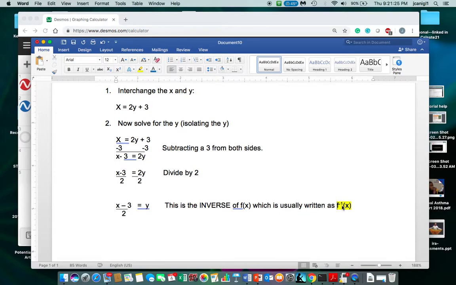There's a little -1 here. And that does not mean to a power. It means instead that it's the inverse function of it.